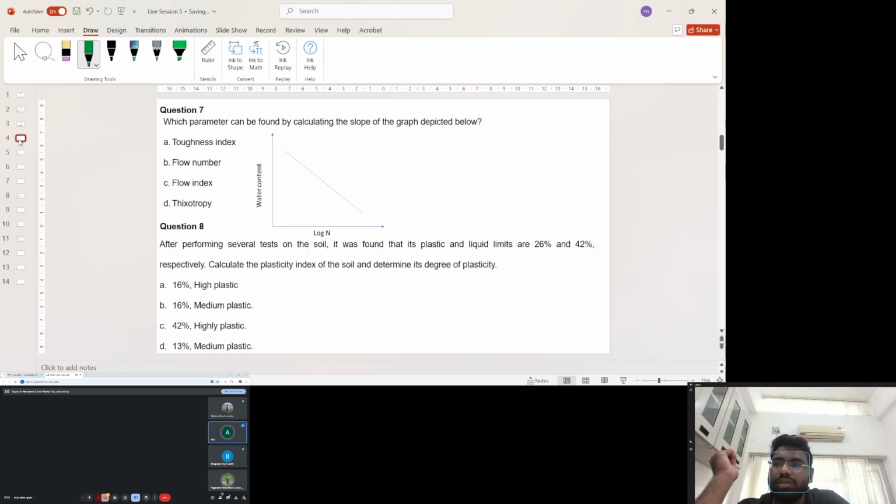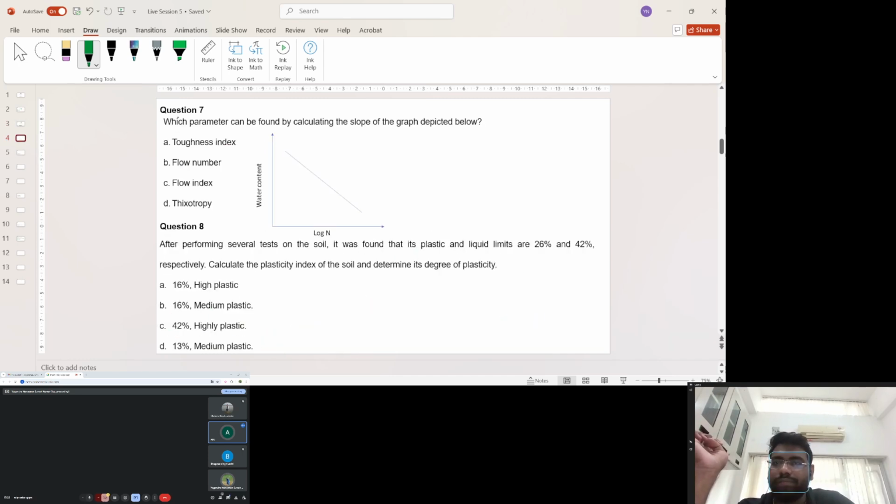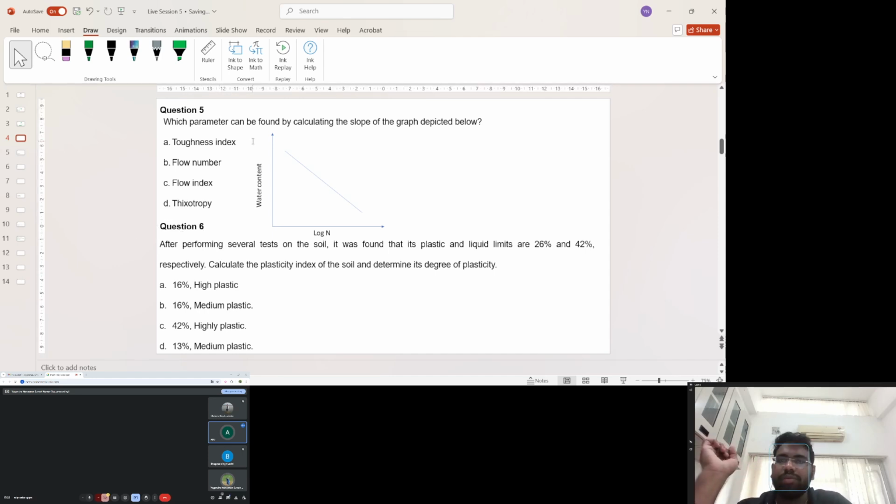Coming to the next question. Sorry, there is a change in question number, so please pardon the correction. Which parameter can be found by calculating the slope of the graph depicted below?